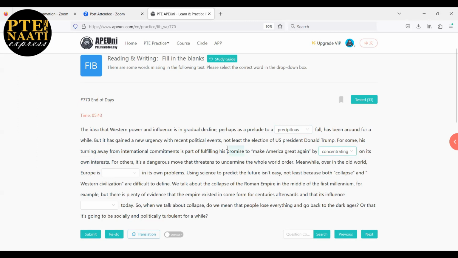Try to skip unnecessary sentences quickly. The blank is near the end: on its own interests. For others, it's a dangerous move that threatens to undermine the whole world order.